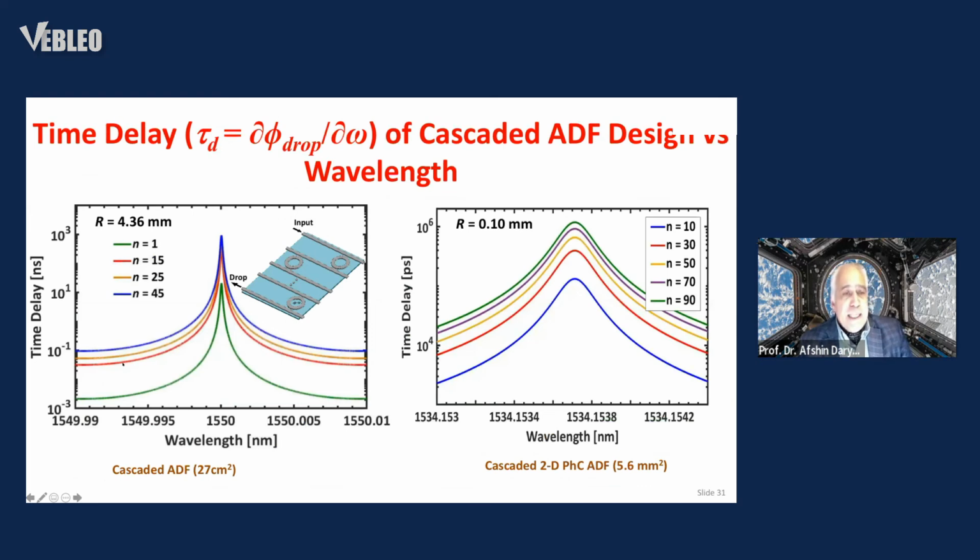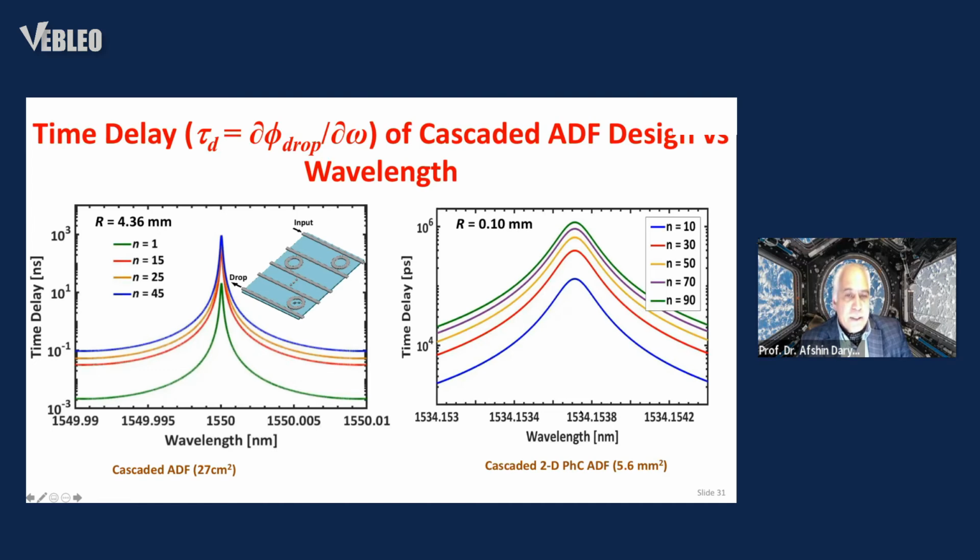And if we use the structure of the add-drop filter in a cascaded manner, using the radius of 4.36 millimeter, you would end up with a delay that is around a microsecond. However, using a 2D photonic crystal structure, the selectivity is much better.